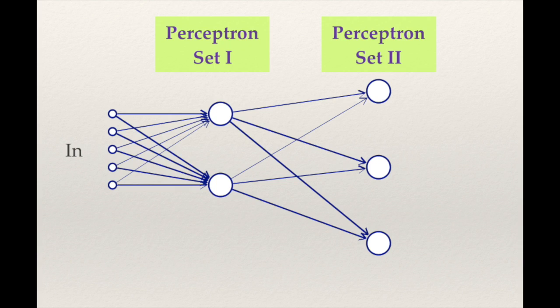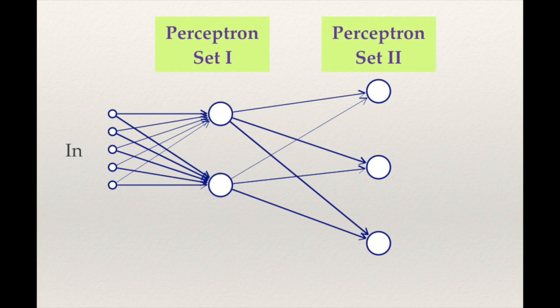We will have the processing schedule like, given the 5 attributes of the data, use the first set of 2 perceptrons, convert this data into 2 intermediate attributes, and then use the next set of 3 perceptrons, convert these 2 attributes into 3 outputs, and this processing step is what a neural network does.